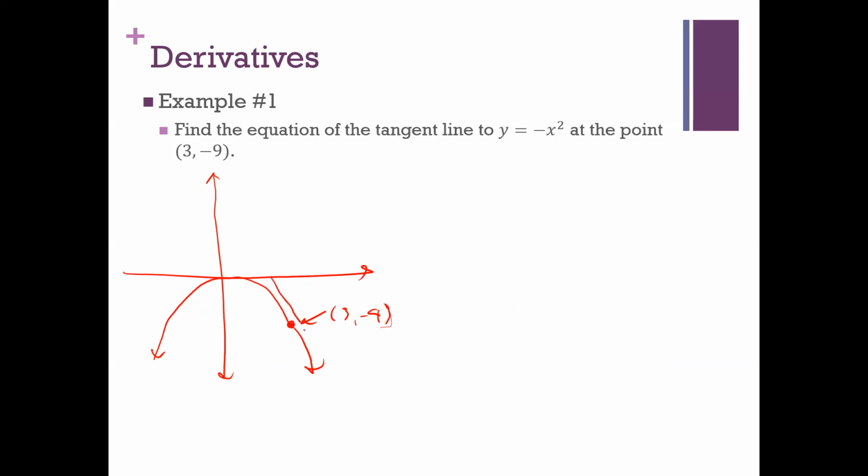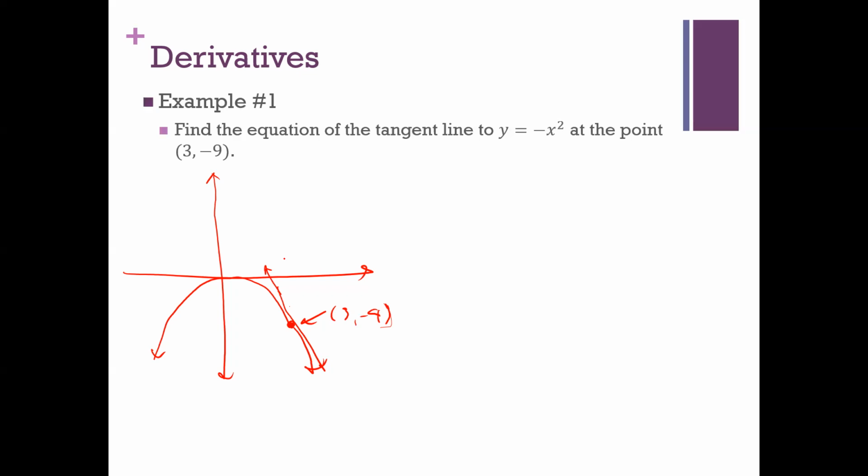A tangent is going to look something like this. If I find the equation of this tangent line, what should I expect of the slope? It's going to be negative. Is it going to be steeper than 1, shallower than 1? I'm expecting something negative, less than negative 1. So let's make sure we can get there.